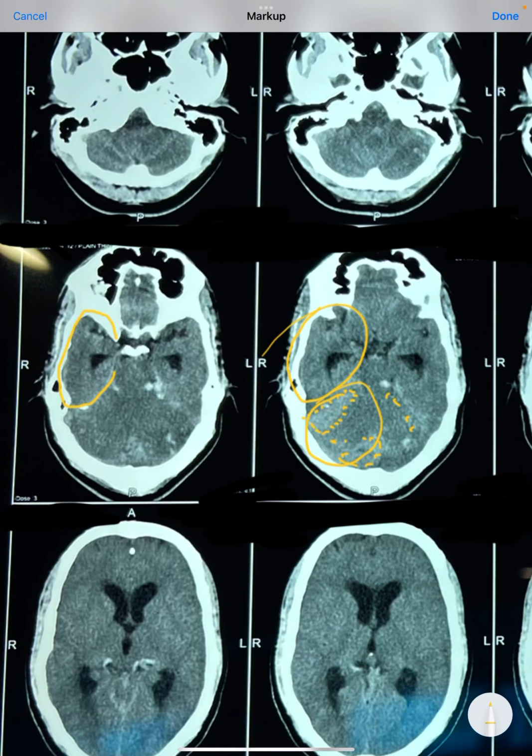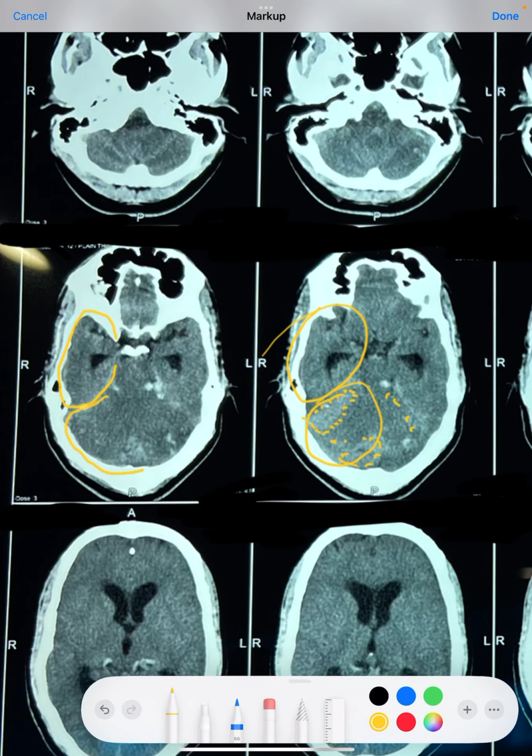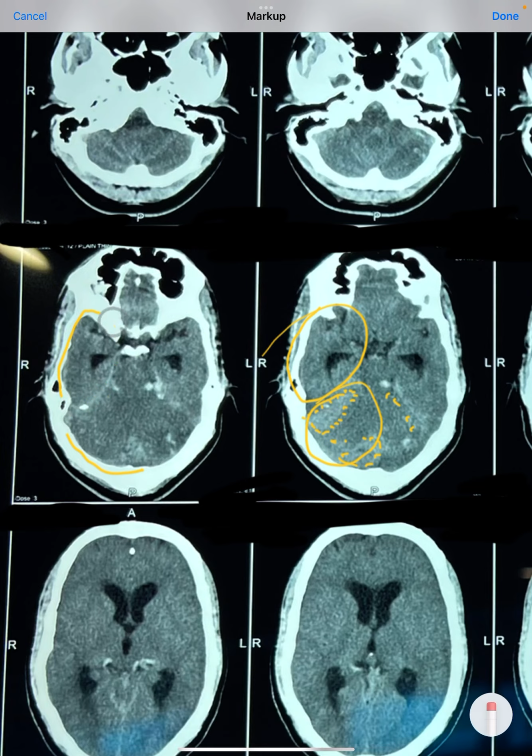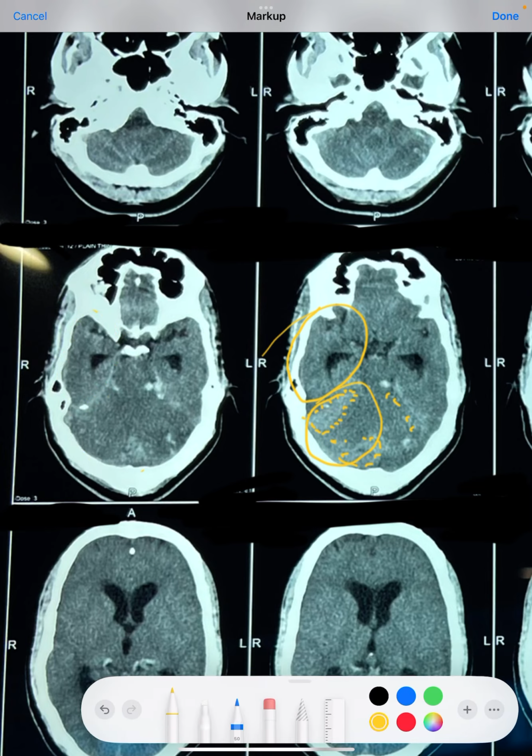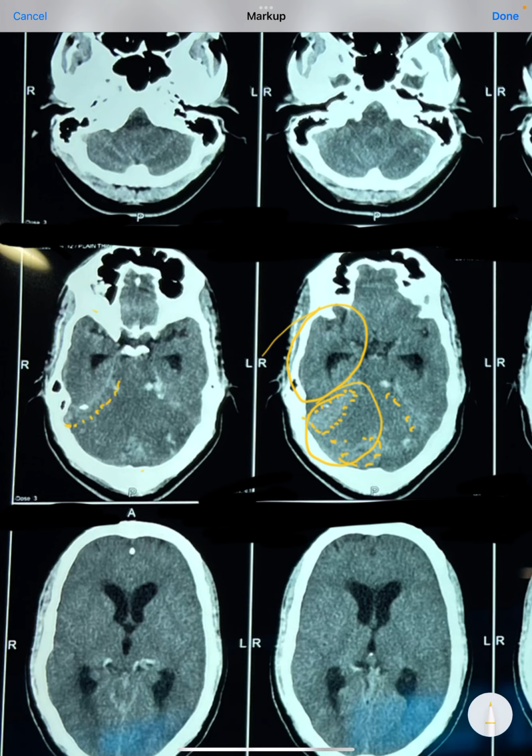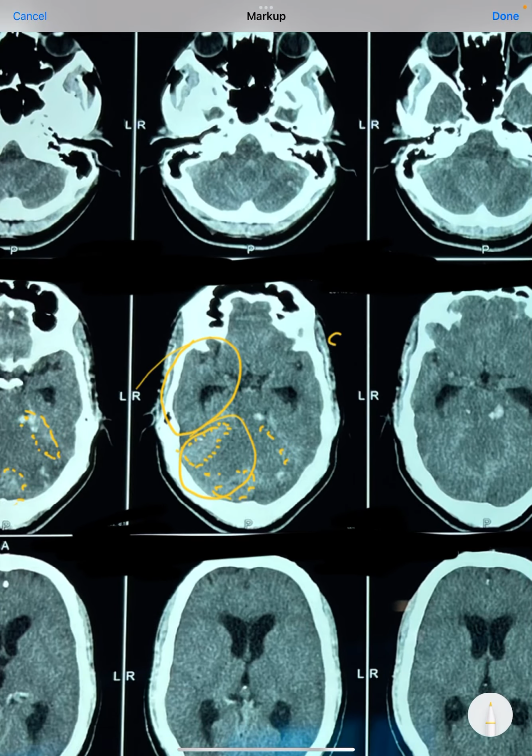The demarcation between the two must have been very crystal clear, but here because there is hyperdensity, diffuse patchiness, you can see this is all a collection of blood, or spillage of blood, into the subarachnoid space. So this is a very typical case of subarachnoid hemorrhage.